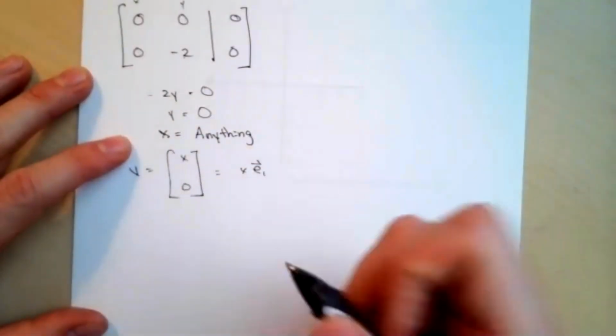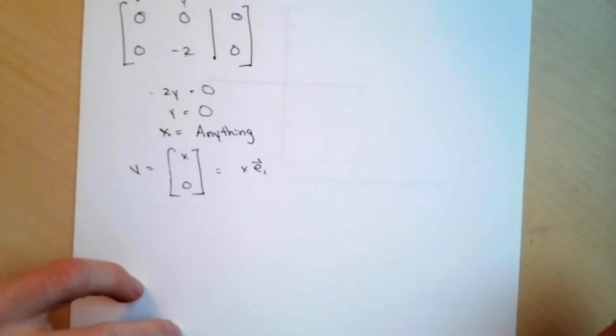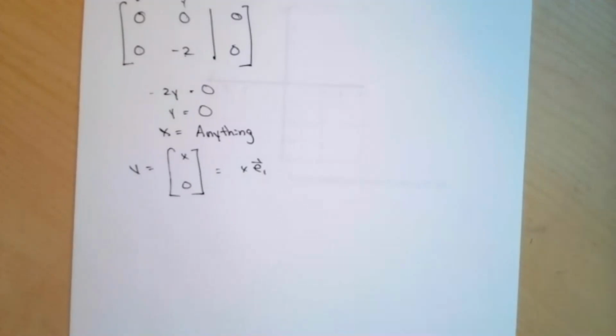So choose anything for x. If you want to pick your basis element, it's typically nice to choose basis elements that are of length 1. That's actually the next section, once we get into orthogonality and the Gram-Schmidt process. We've talked about basis vectors, how to create bases and linear independence, but we haven't worried too much about what are called orthonormal basis vectors, where we create bases that are mutually orthogonal and of length 1.